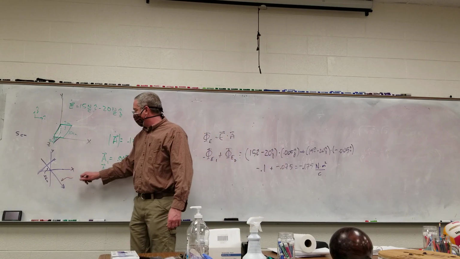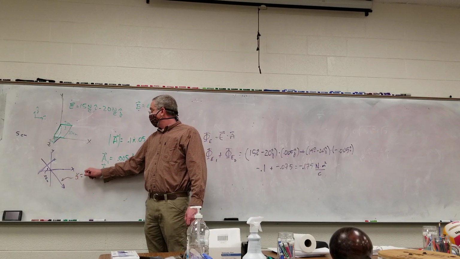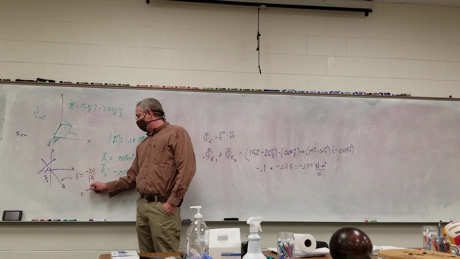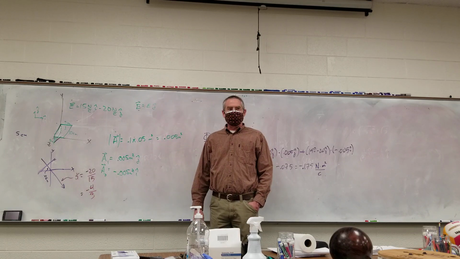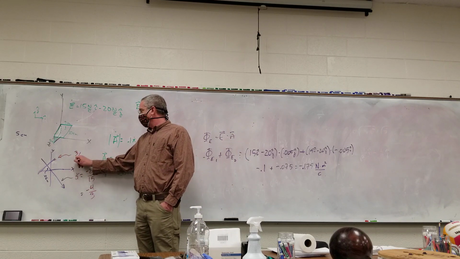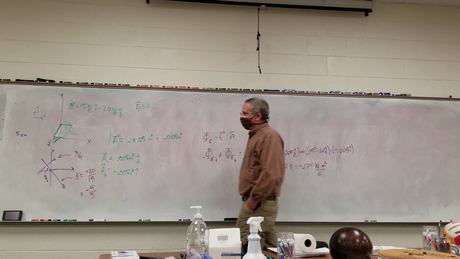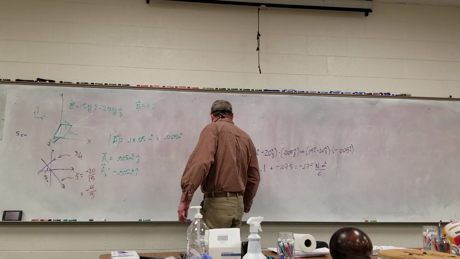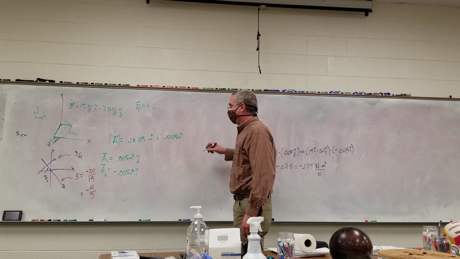So the slope of this is negative 20/15, or reduced down to negative 4/3. And perpendicular is the negative reciprocal, so the slope of this is 3/4. I know that distance there is 5 centimeters, and so next we have, probably need that in a moment.